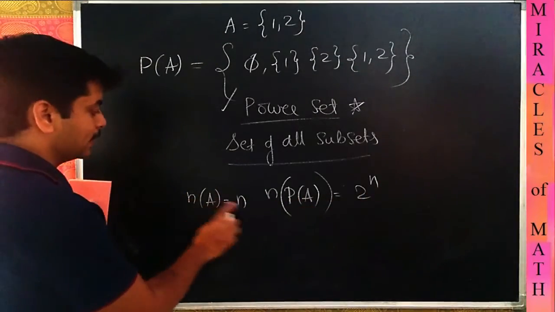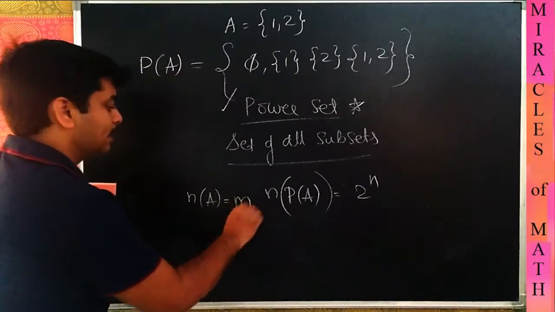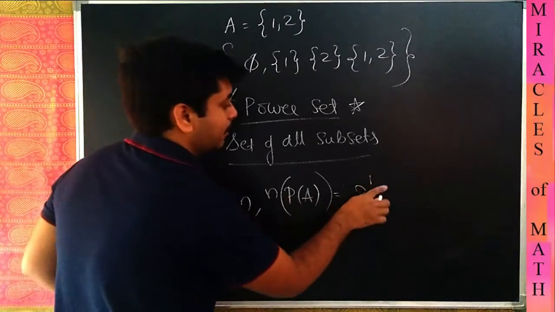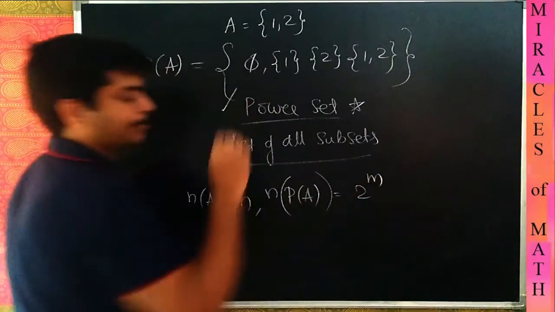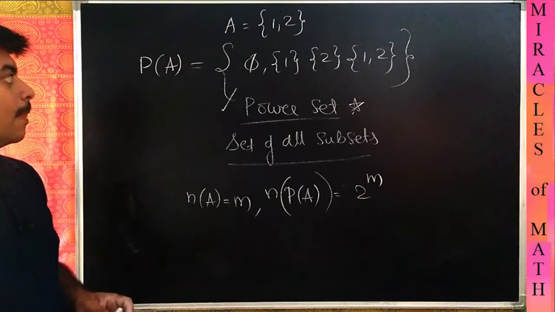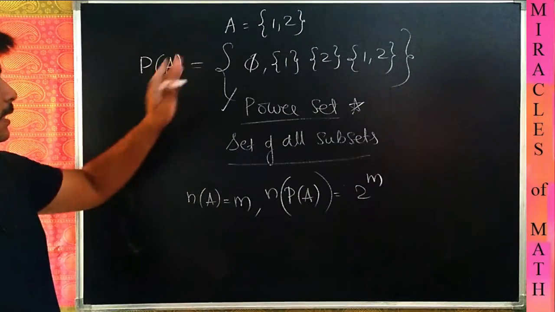Or, so you don't confuse this n with the other n, let us consider the number of elements as m. So the total number of elements in its power set will be 2 power m. I will give you one more example in the same way.